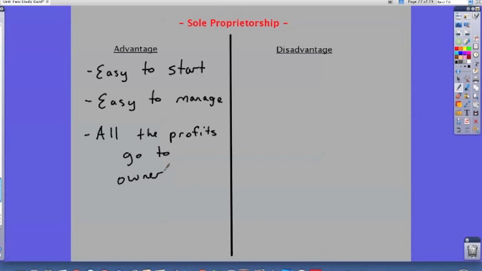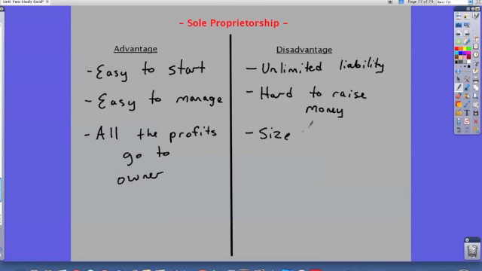Okay, but like we all know, everything that has advantages also has its disadvantages. One of the disadvantages of a sole proprietorship is unlimited liability. Basically, what that means is if the business goes under and you owe people money, they can take your personal items to pay for those. If you owe the bank money on a loan and you own a house through that bank, they can take your house to pay that loan back.